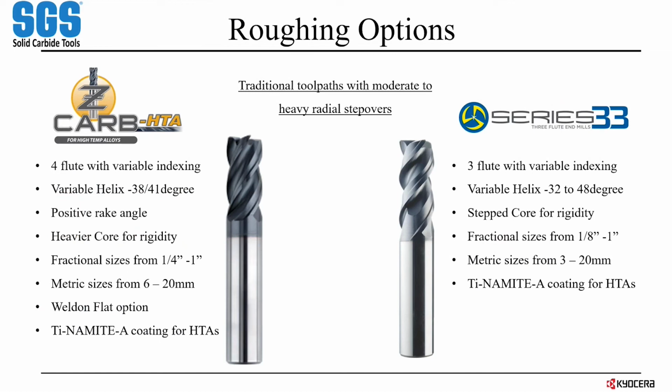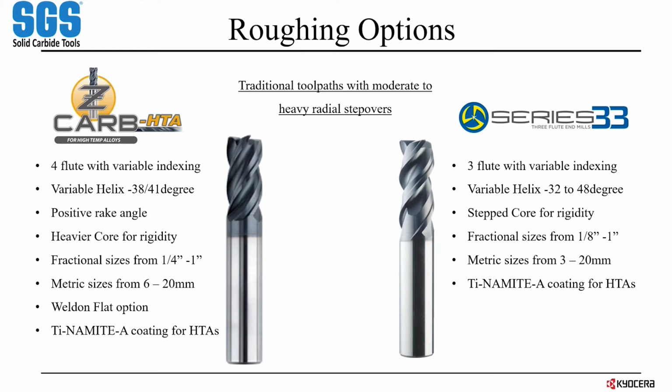So for roughing options, these are things where we're doing traditional tool pass, constant step over, heavy to moderate radial step overs. We have our Z-carb HTA. This was a variation off of the original Z-carb that is specifically for high temp alloys. It's 4-flute variable index. It also has variable helix, so it really helps with chatter.